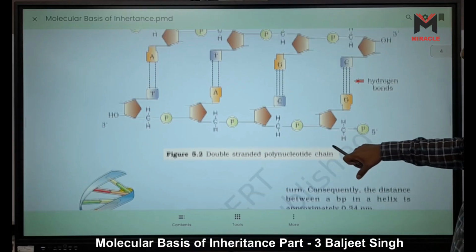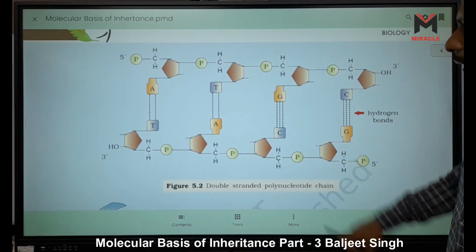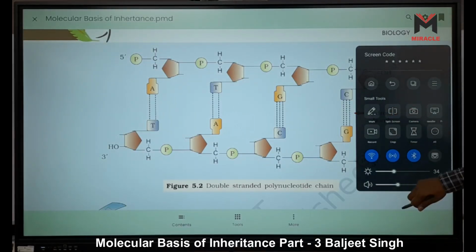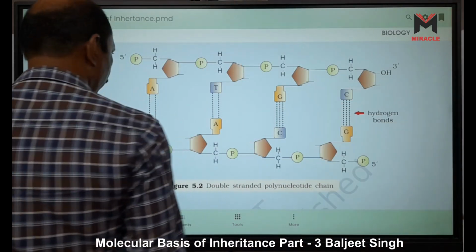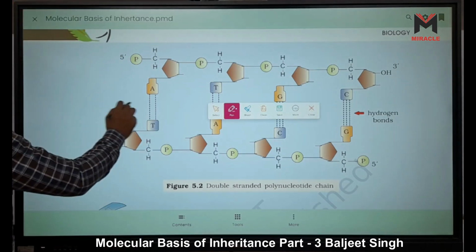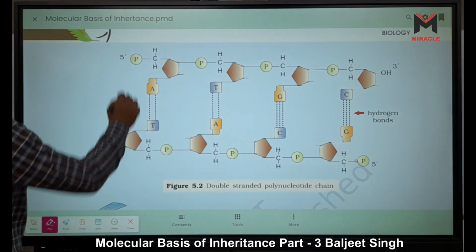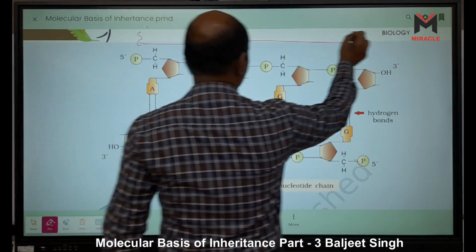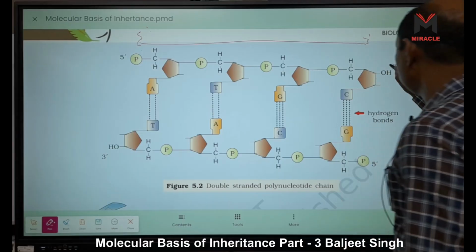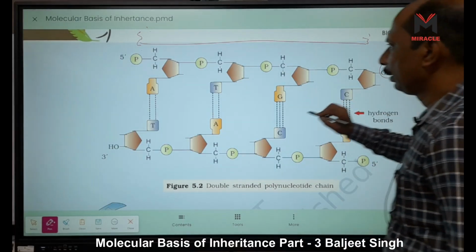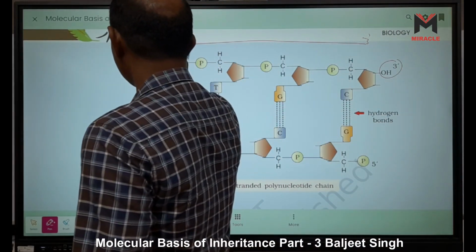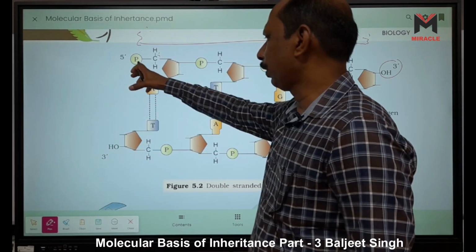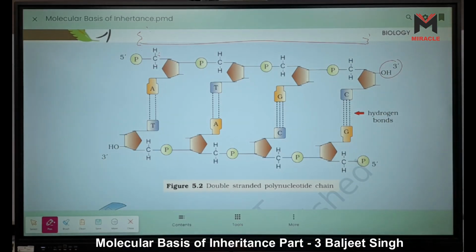This is a DNA structure. Here you can understand. Look here, the double strand. This one is the first strand, with 5' and 3' ends. Here the 3' end is free, and on this side is the fifth carbon, attached with the phosphate moiety, while the 3' end has a hydroxyl moiety.